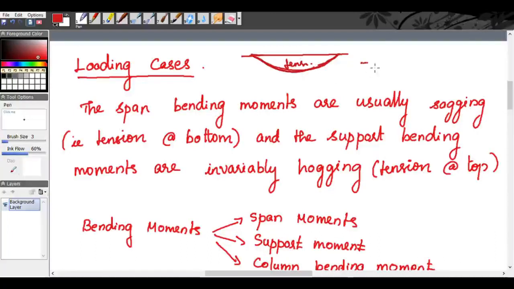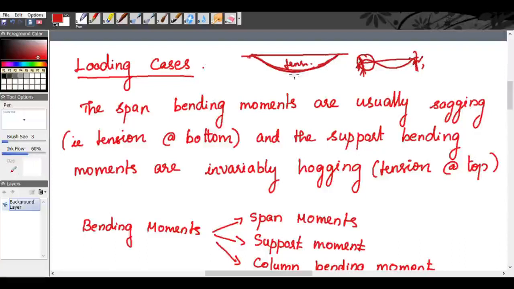And the support bending moments. If we consider a fixed support, at the support we have hogging bending moments. That means at the support you will have tension at the top.